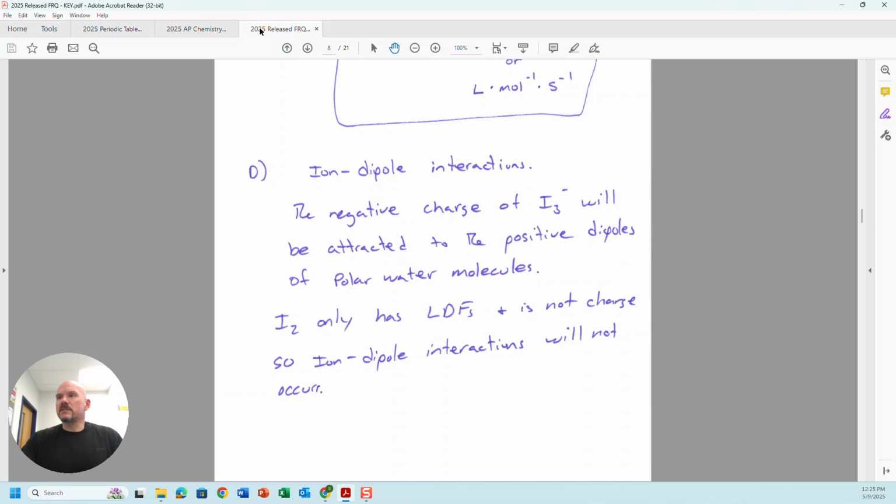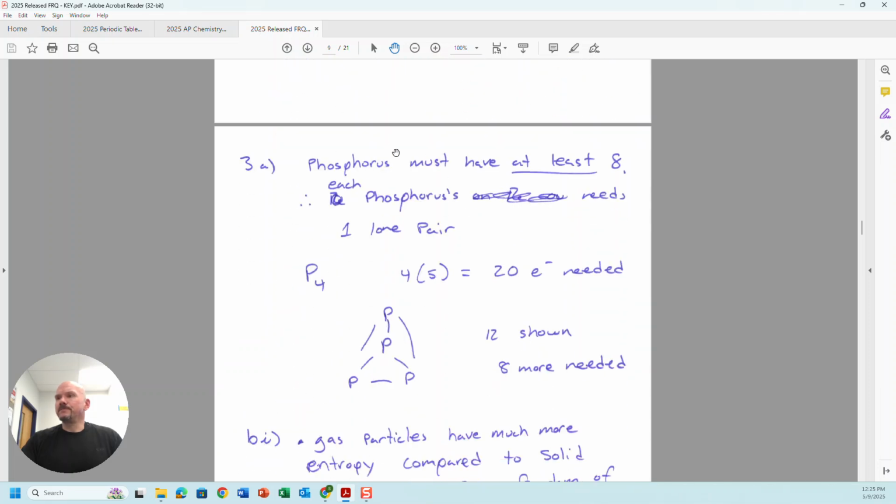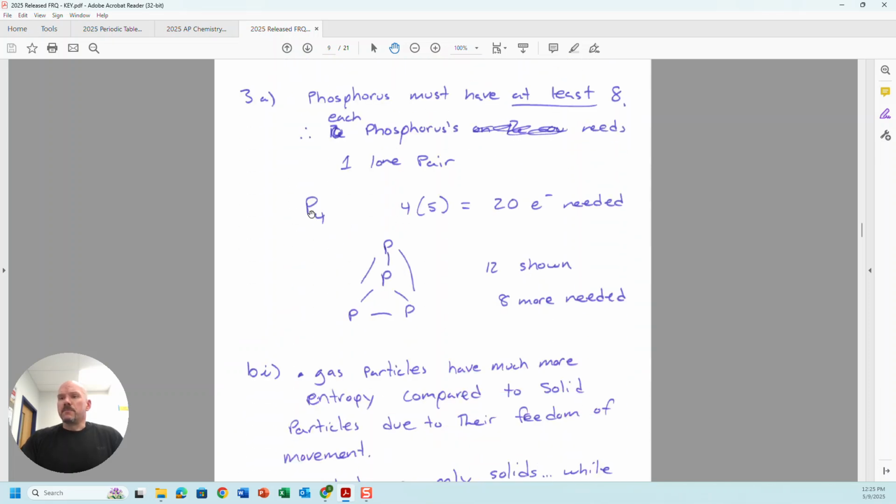But let's double check ourselves here, right? It's P4, right? There's 4 phosphoruses. So if we wanted to draw the dot structure for P4, the first step would be to know how many valence electrons, how many dots, need to be represented in the diagram.